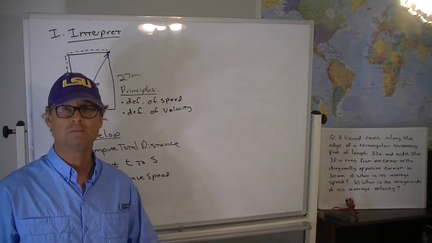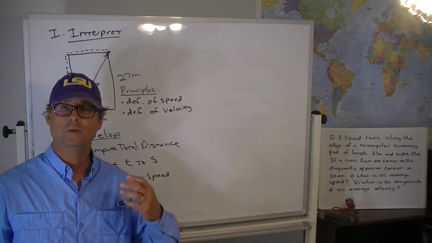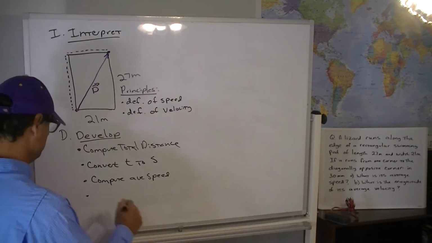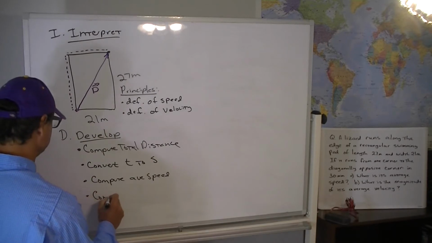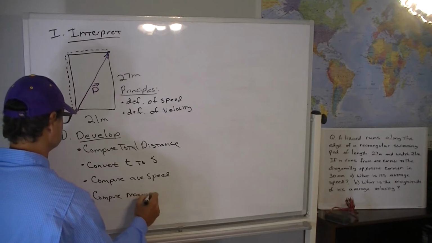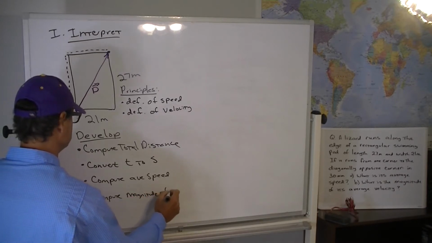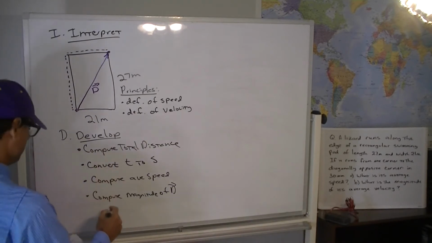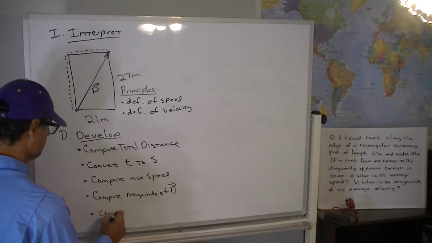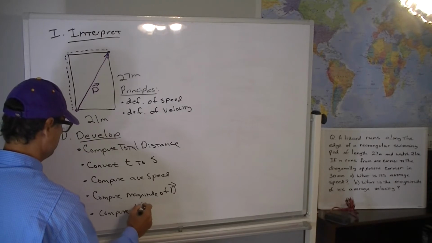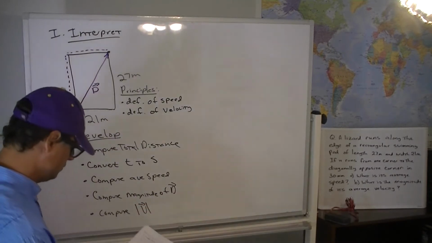The total displacement divided by the total time would be the average velocity vector, but we need to compute its magnitude, so we're just going to compute the magnitude of the displacement vector d, and that's just the Pythagorean theorem. And then from there we can compute the magnitude of the average velocity, which I'll just use that symbol for.